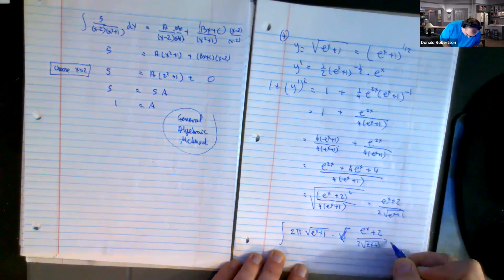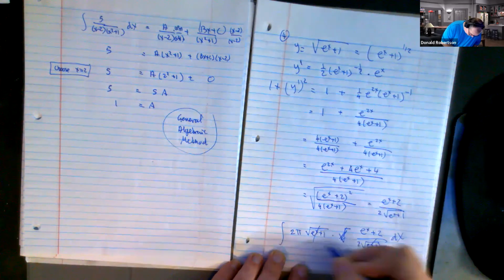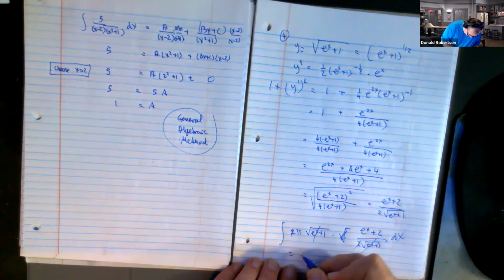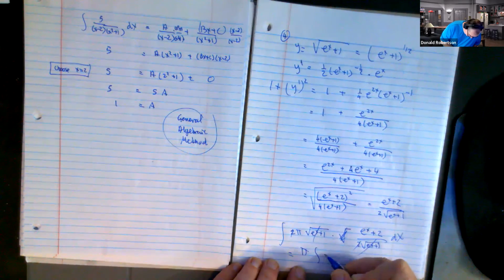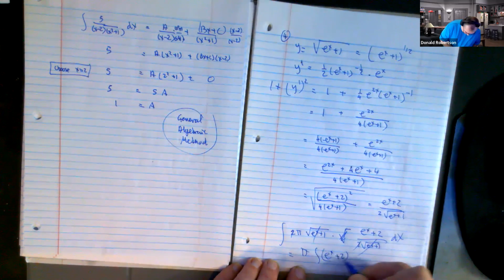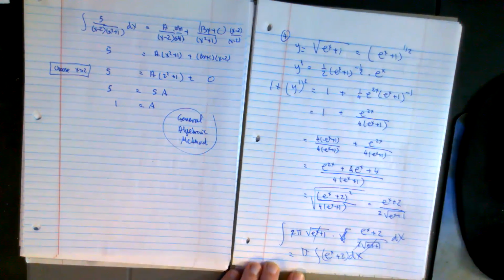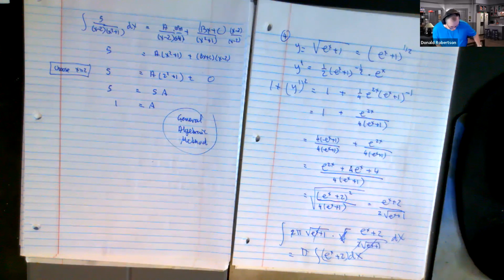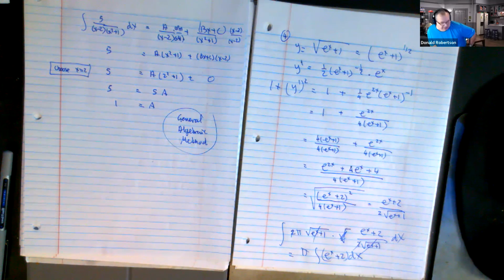And it's almost like magic. Kill, kill, kill, kill. And what you're left with is a pi and a very simple integral. That's the kind of magic of the algebra, how it can be your friend. It can get you out of real messy trouble.